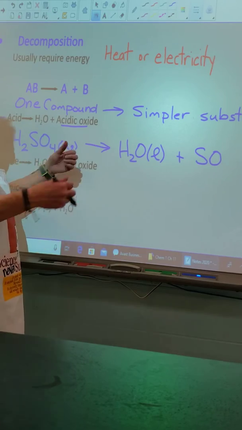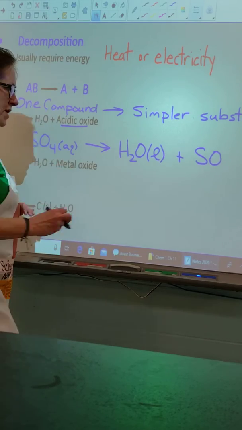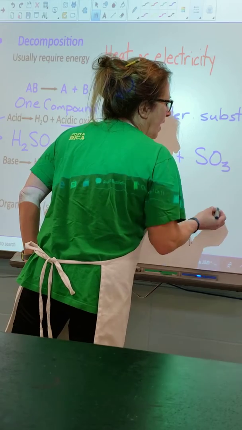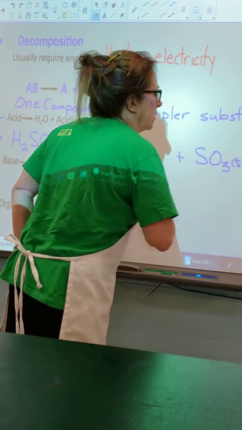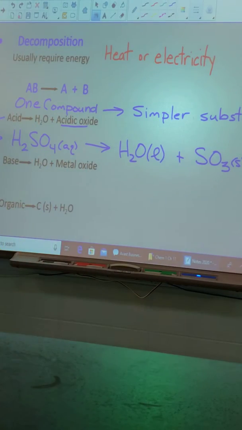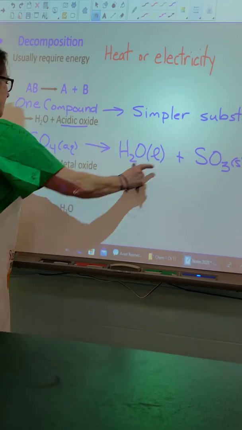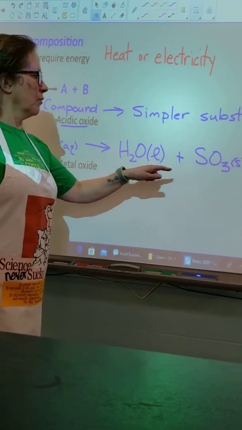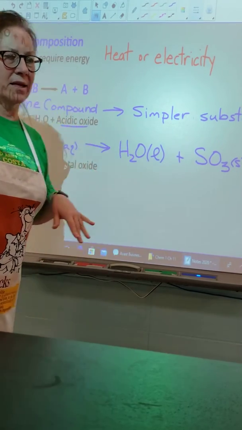Well, when I decompose it, I'm going to bump it down by one. So I'm going to make sulfur trioxide. All right, so balance it. 2 hydrogens, 1 sulfur, 4 oxygens. 1 plus 3 is 4 oxygens, balanced.